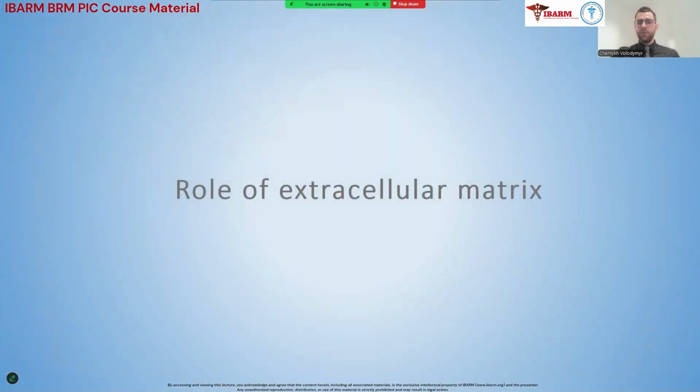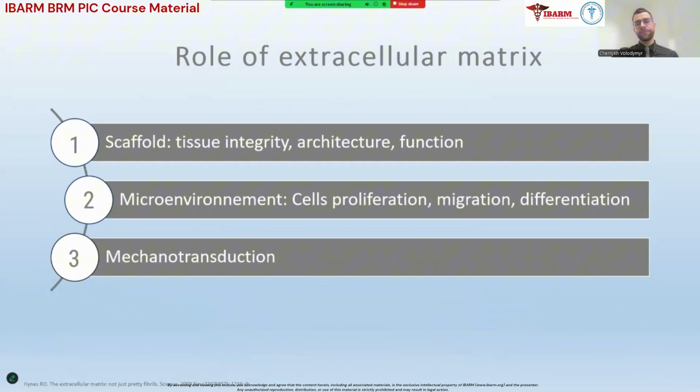Okay, so now I'd like to show you the main functions of the ECM. There are, of course, plenty of others that we're mostly not going to cover in today's lecture, but I would say these are the main ones that you see on the screen. So, scaffold function. Scaffolding is important for tissue renewal.